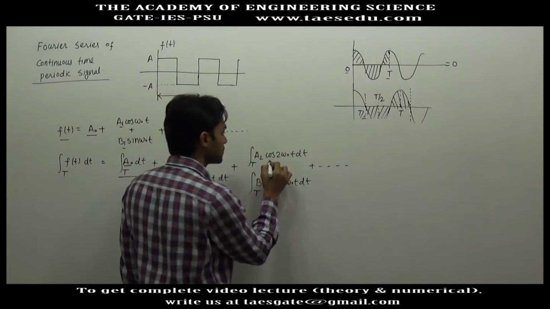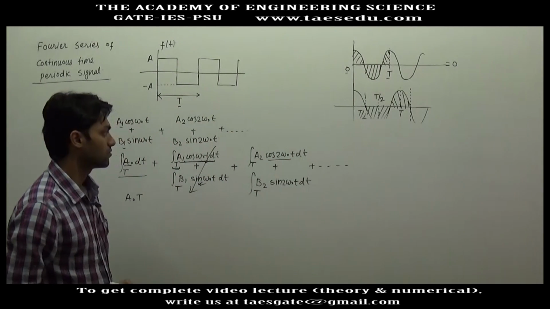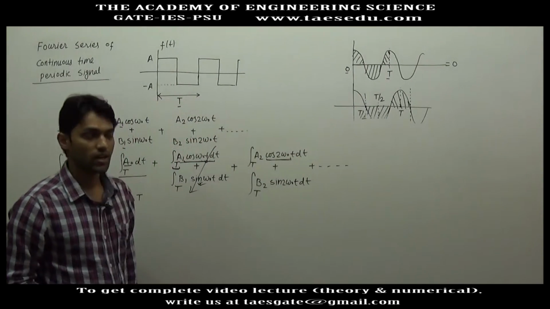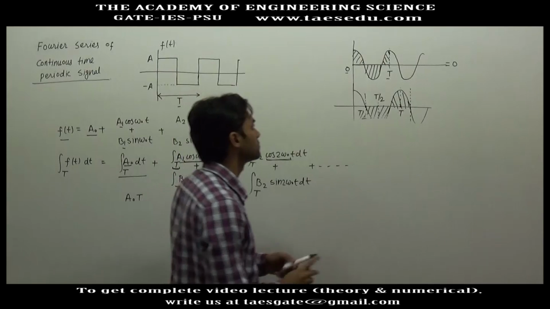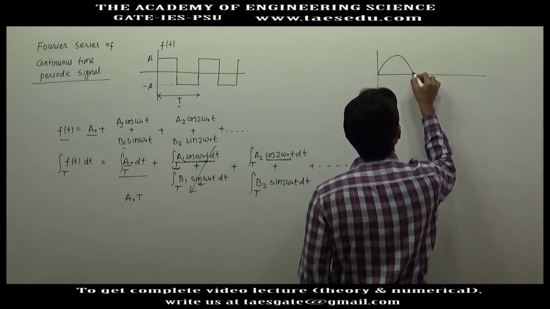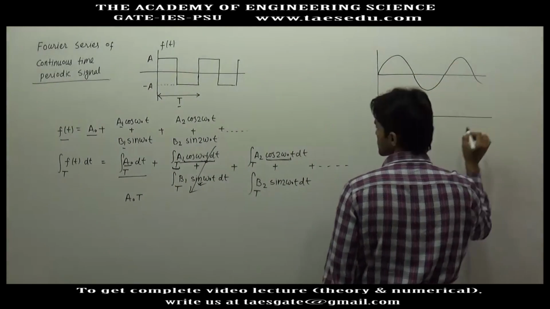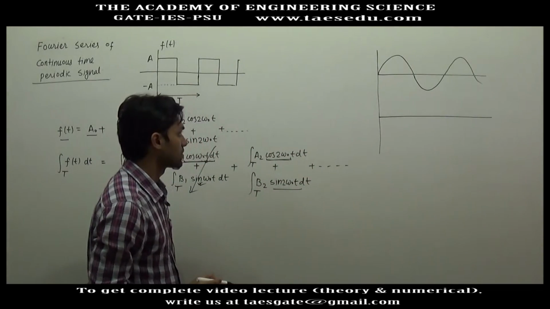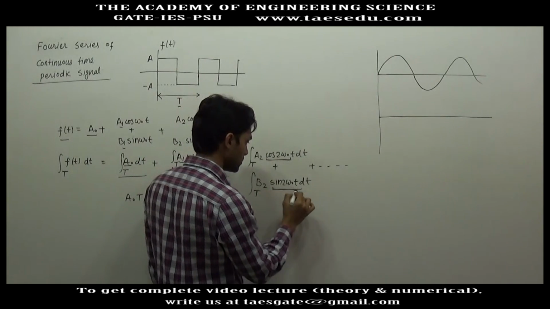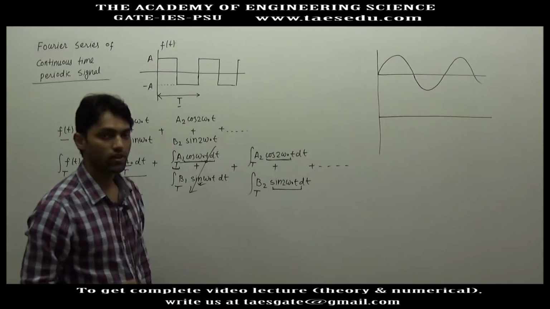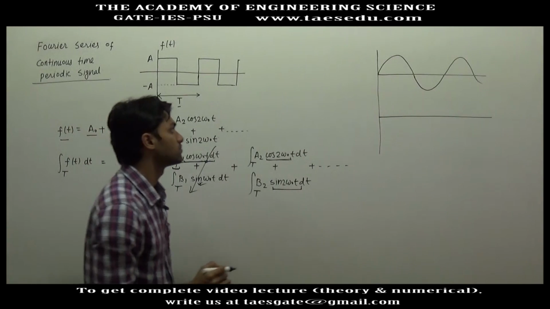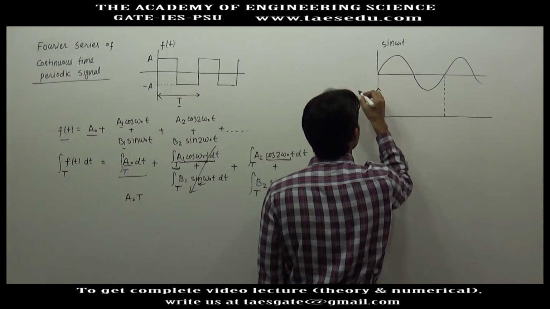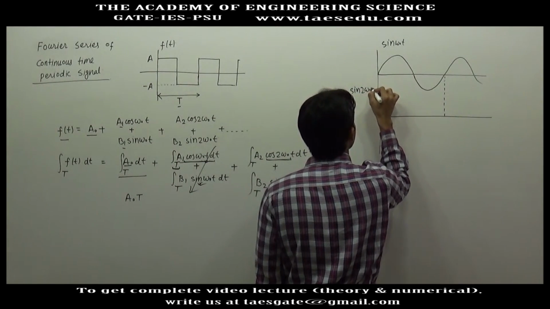Now coming to this term, what is the frequency of this signal? The frequency of this signal is 2 times the fundamental frequency. Let's say this is the fundamental component, sine omega naught t, and here you have to draw the graph of sine 2 omega naught t.